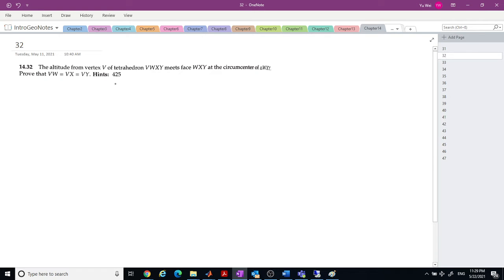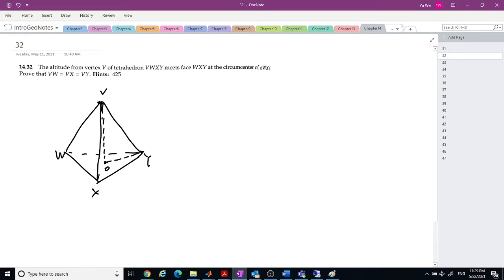Okay, problem 2. The altitude from the vertex V of the tetrahedron VWXY meets the surface WXY at the circumcenter of WXY. So we have the base triangle WXY and the vertex V of the tetrahedron, and we know the height from V lands at the circumcenter of WXY.